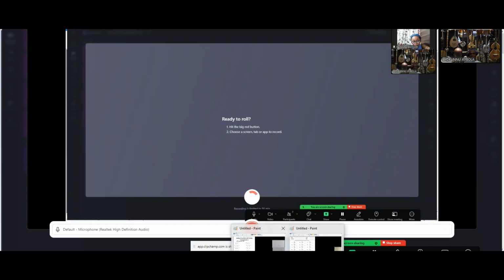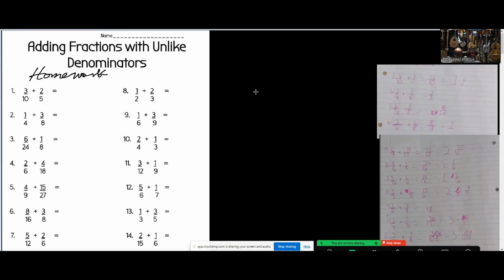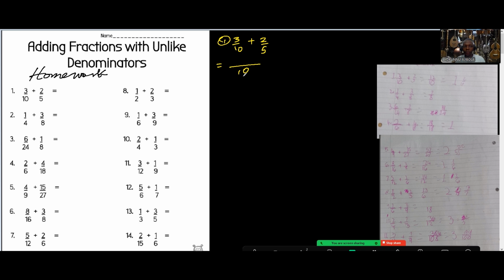Okay, so question number one, adding fractions with unlike denominators. We have 3 over 10 and 2 over 5. So 3 over 10 plus 2 over 5. We can see that the common denominator is 10.